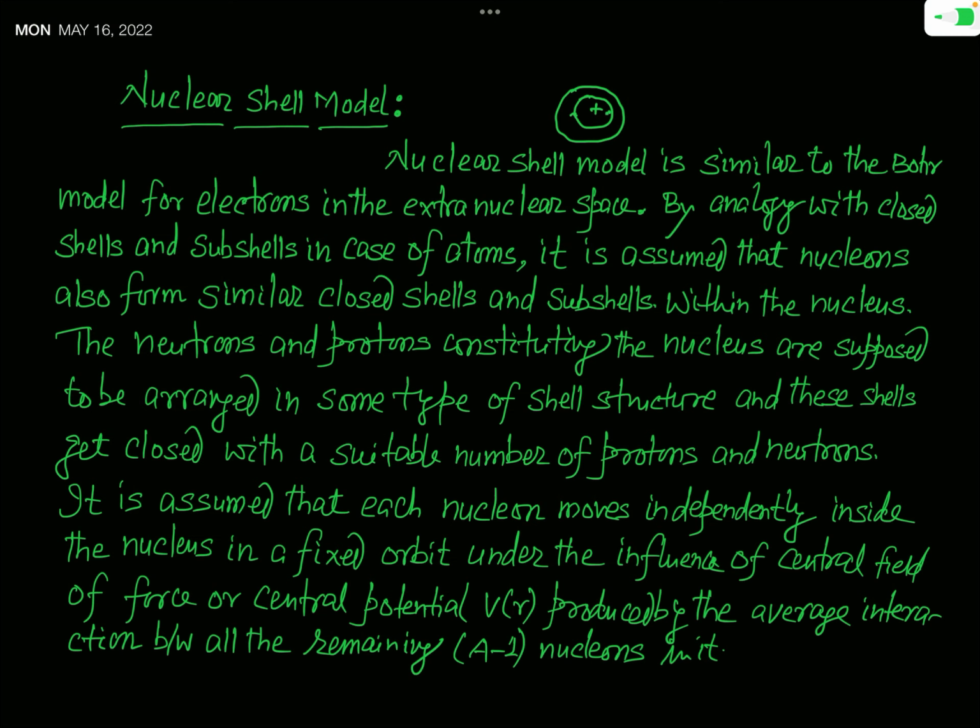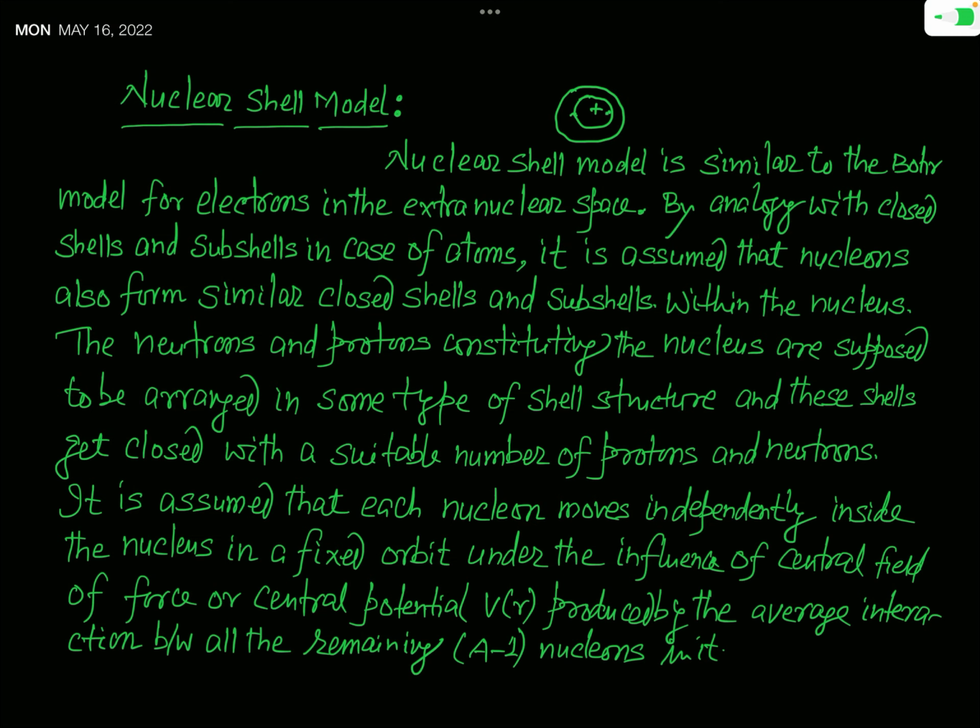It means the extranuclear electrons are arranged in different shells in accordance with a particular selection rule, that is the formula 2n squared. The electrons are distributed in different shells and subshells, and among these shells and subshells, you know, there are closed shells or completely filled shells, and also the outermost shells are not completely filled, but the number of electrons present in those shells is less than they can accommodate.